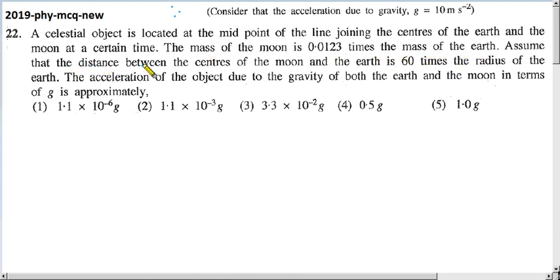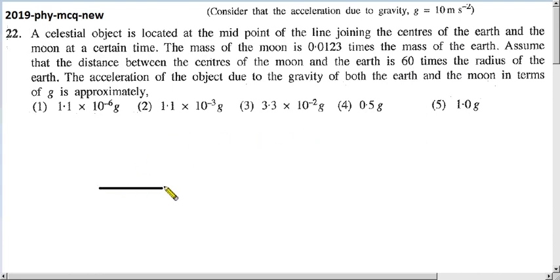Assume that the distance between the centers of the Moon and the Earth is 60 times the radius of the Earth. The acceleration of the object due to the gravity of both the Earth and the Moon in terms of g is approximately, so there are 5 answers given.